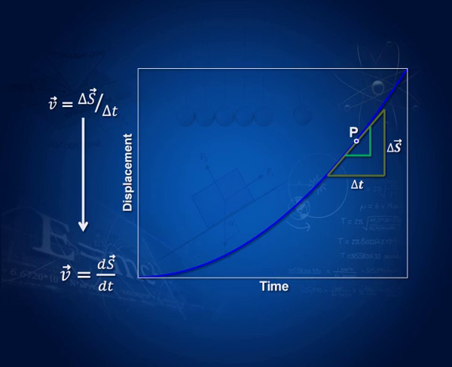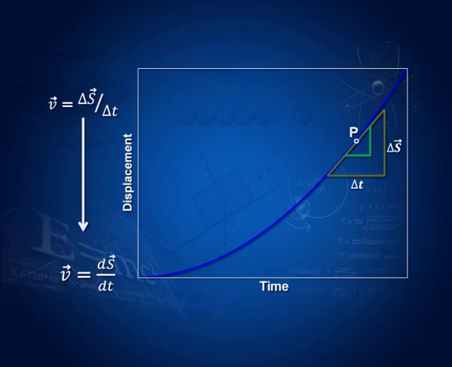So, if I want to find out the instantaneous velocity at any point, I simply take the derivative of s at that point. V at that point would be the derivative ds by dt. About derivatives, if occasion arises, I will tell you in later lectures.